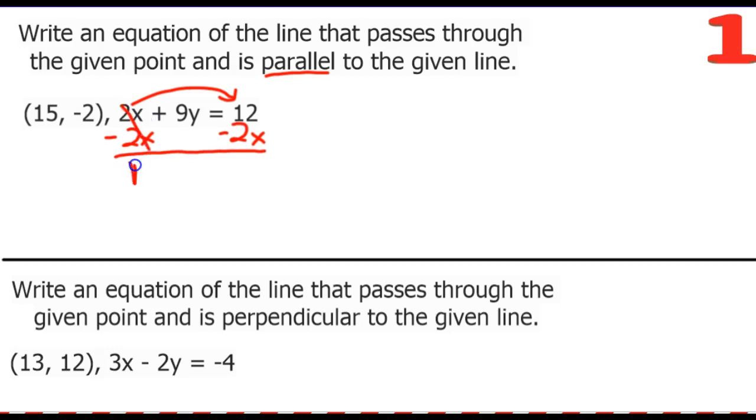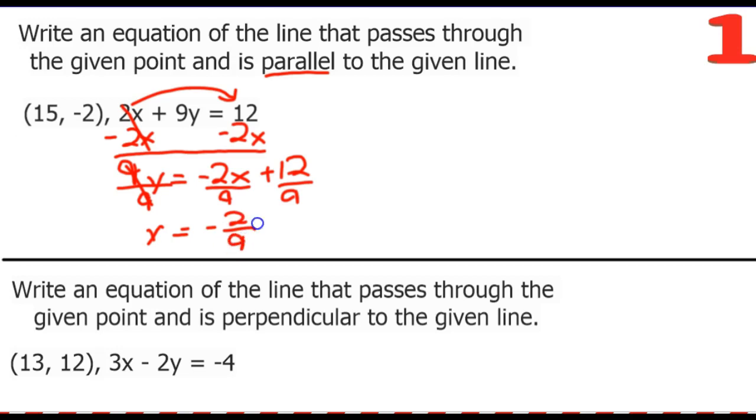So we get 9y equals negative 2x plus 12. Divide by 9 to get y by itself. So we get y equals negative 2/9 x plus 12 divided by 9.